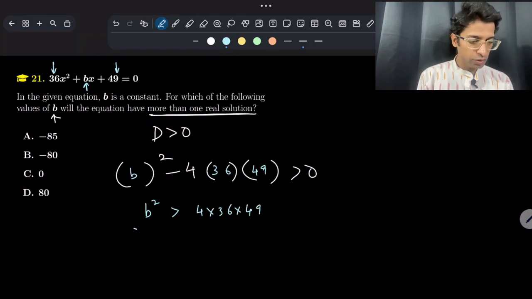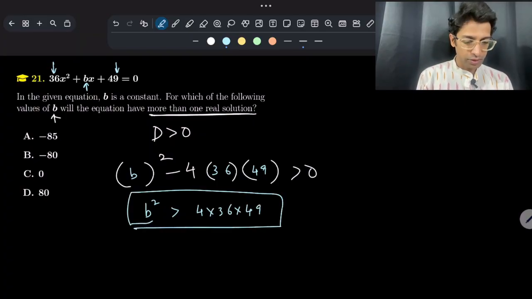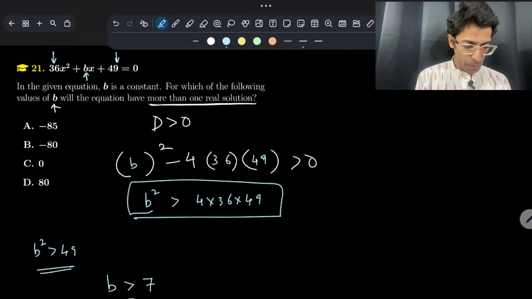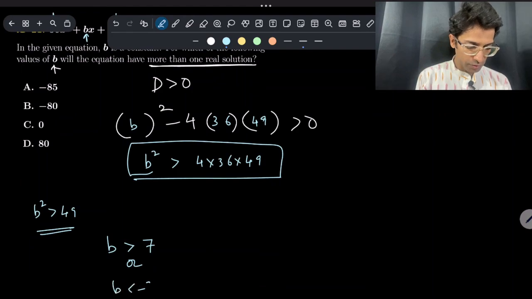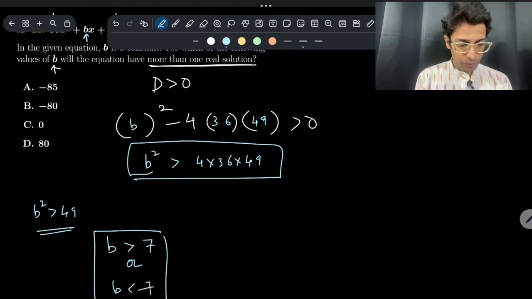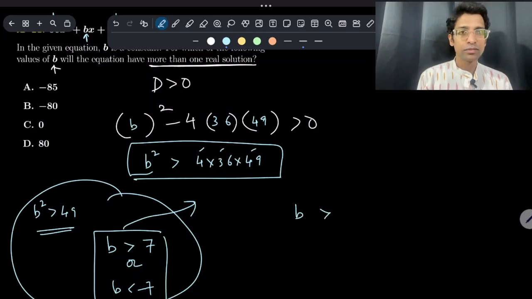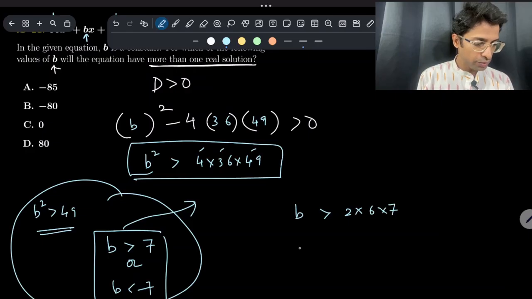Now whenever you have in algebra an expression which says b² is greater than 49, for example, then the answer comes out to be b should be greater than 7 or b should be less than −7. So apply the same situation over here. Since all three of them are perfect squares, I can write it down: b should be greater than 2 into 6 into 7, and b should be less than −(2 into 6 into 7).